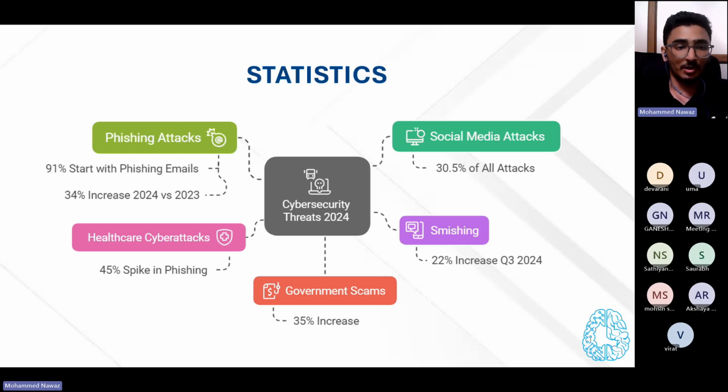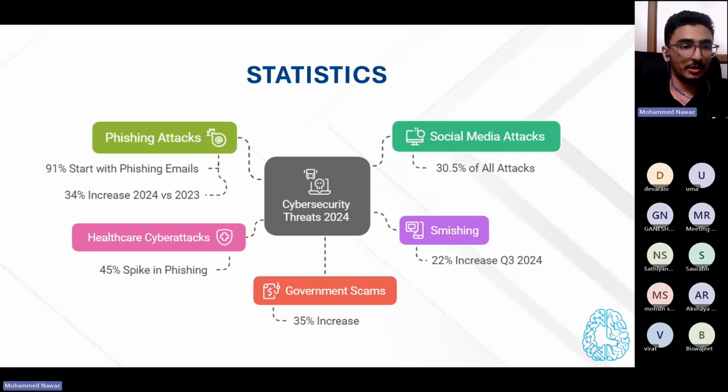Phishing itself has increased by 22%. Then government scams, like offering government jobs, scholarships, or free loans, have also increased to 35%. These numbers show how serious phishing attacks are.